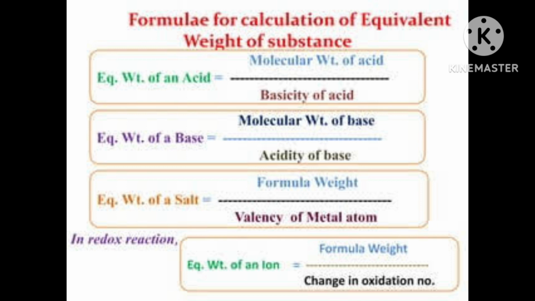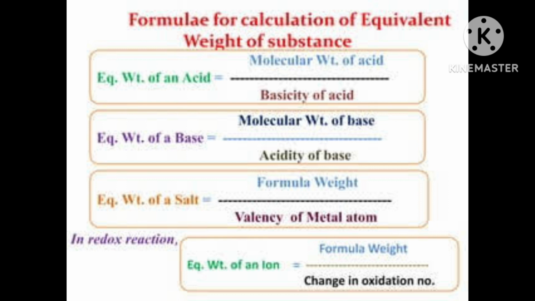Correct? In a reaction, you know that oxidation and reduction take place together simultaneously. One will lose, the other will take. Then how many electrons they are losing or gaining, that number of electrons is important. Correct?